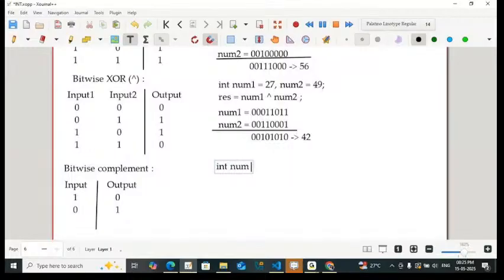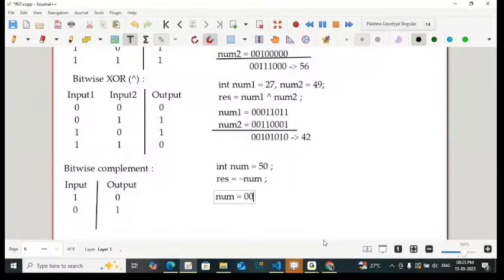Integer num is equal to 50. What is complement of 50? I mean, what is complement of num? You invert all the bits. So num represented in binary is, I'll take it in 8 bits.